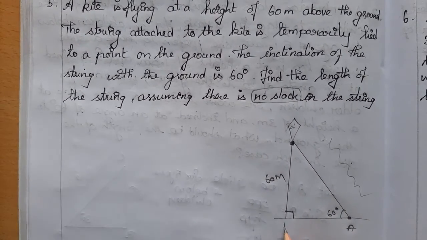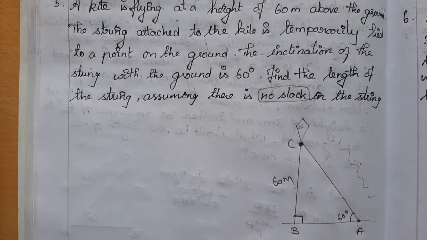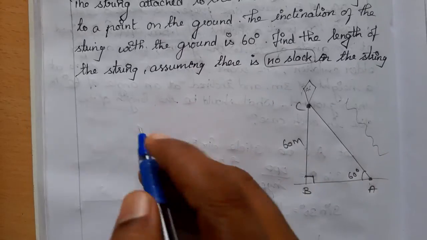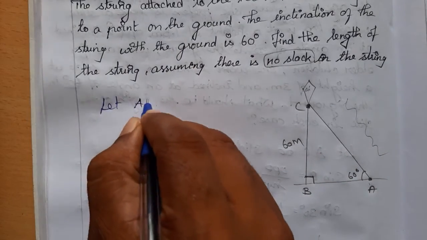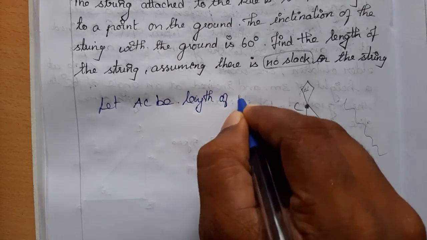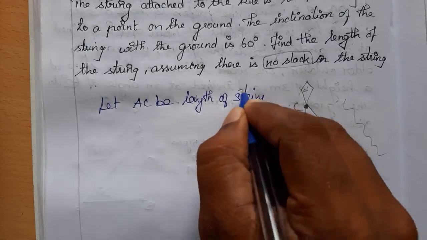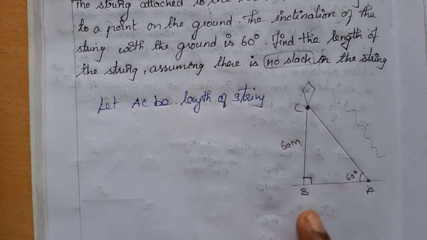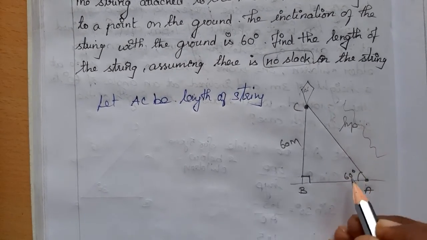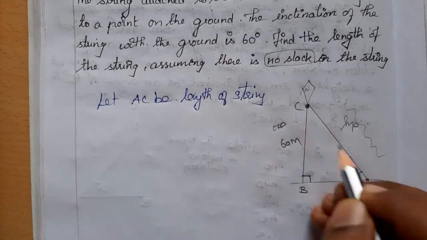Let me name it A, B, C. So we have to find the AC. So consider here, let AC be the length of string. This side is the hypotenuse, and this is the opposite to theta, which is given.